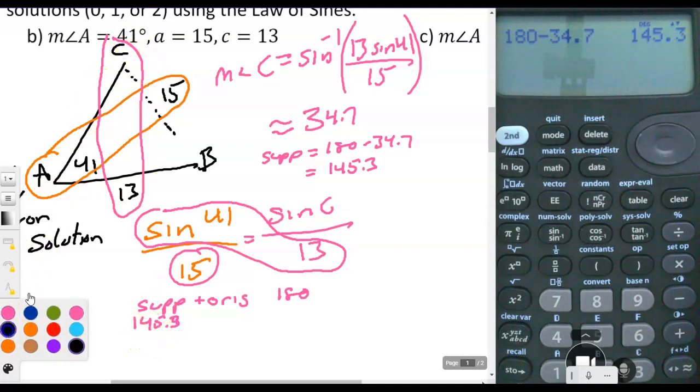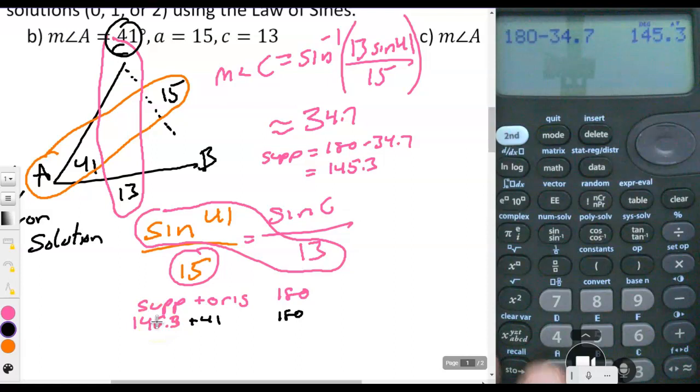My original over here is 41. So I take that 145.3, add 41, and we get 186.3, which is bigger than 180.